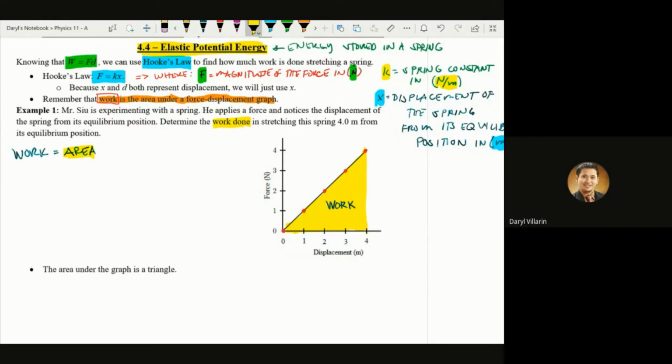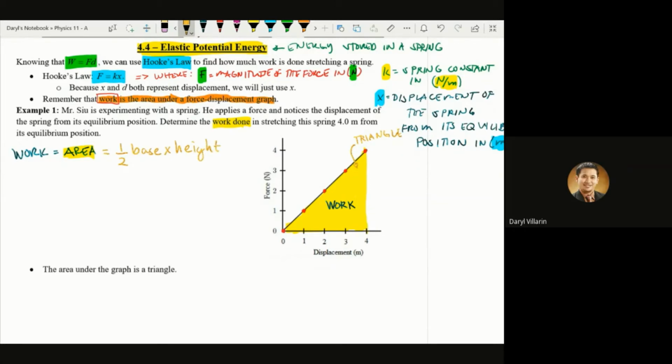So what is the area of that? Well, this particular figure that you created is a triangle. So this thing is a triangle. Okay, and the area of a triangle is given by 1/2 the base times its height.